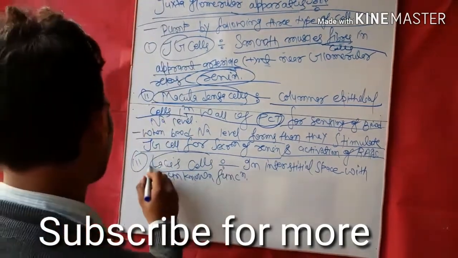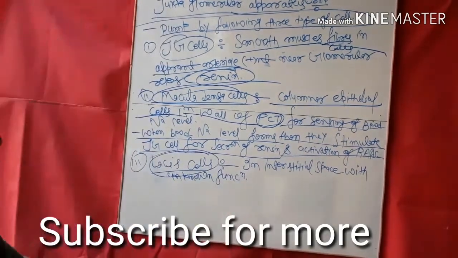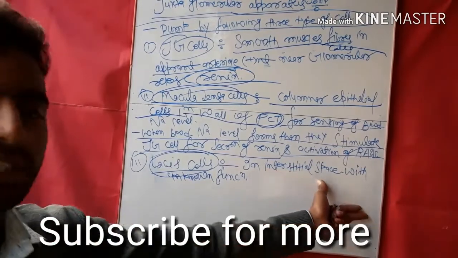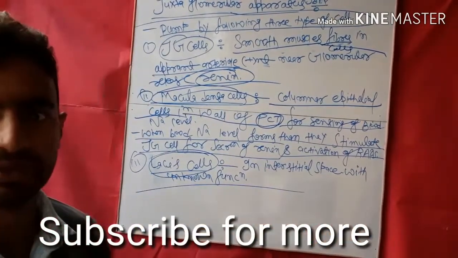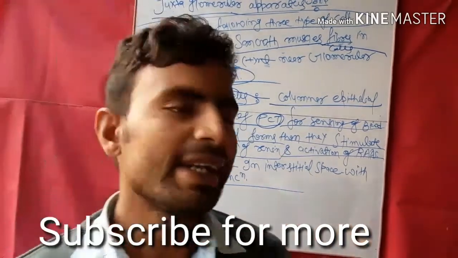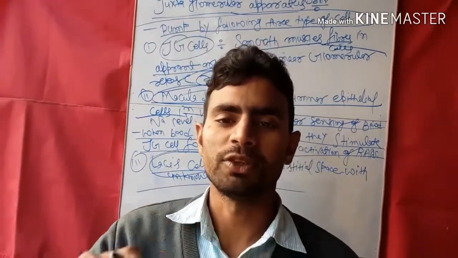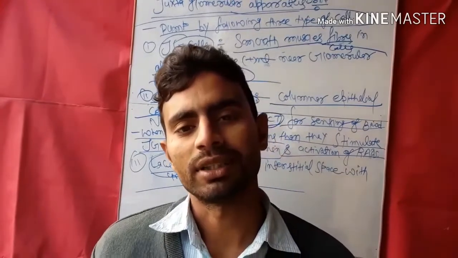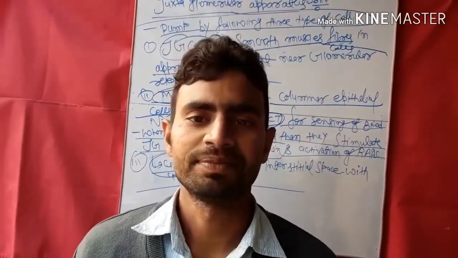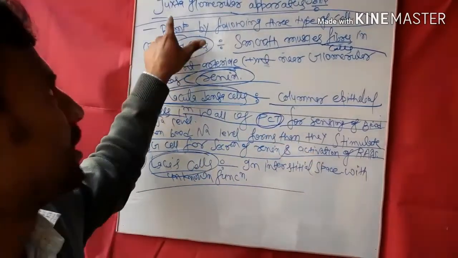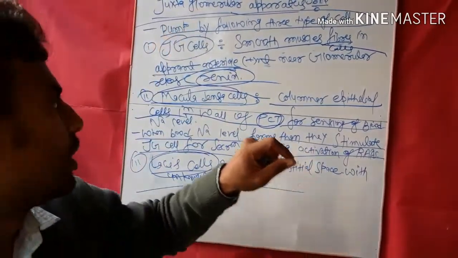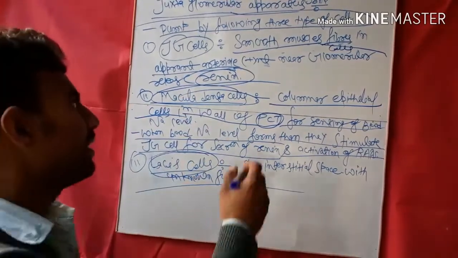Third cell is the Lacis cell. Lacis cells are present in the interstitial space with unknown function. In the juxtaglomerular cells, you know that renin is secreted.